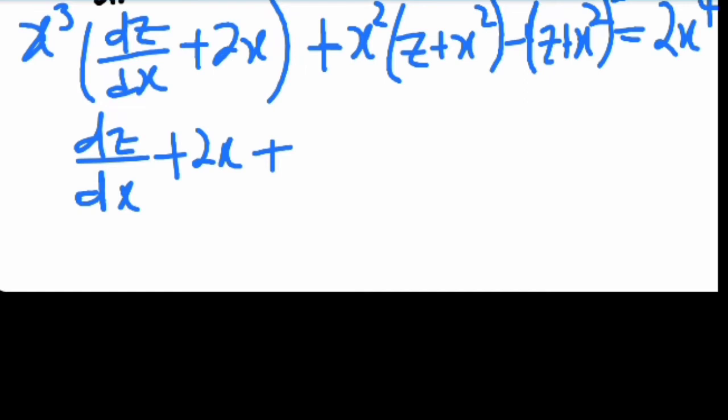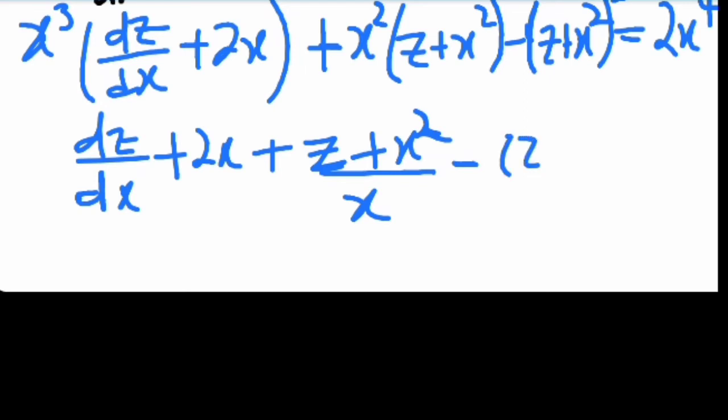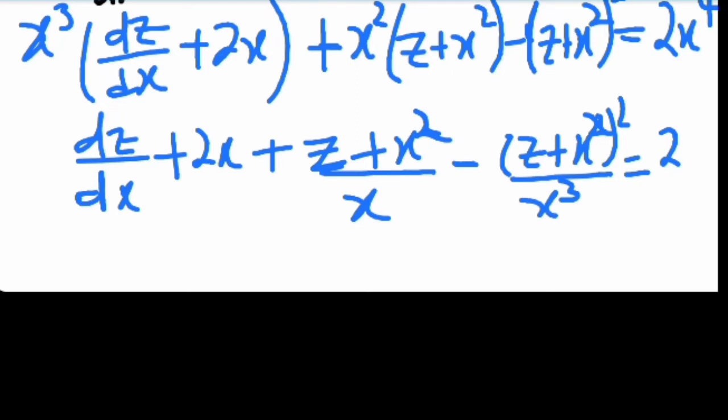So you have z plus x squared all over x, since we divided through by x cubed, minus z plus x squared all squared all over x raised to power 3 is equal to, if I divide x raised to power 4 by x raised to power 3, 2x. I'll just have x. So you must notice that x cannot be 0 for me to have divided by x raised to power 3.